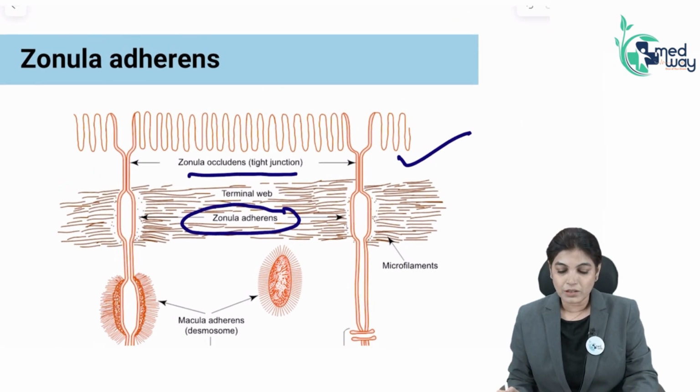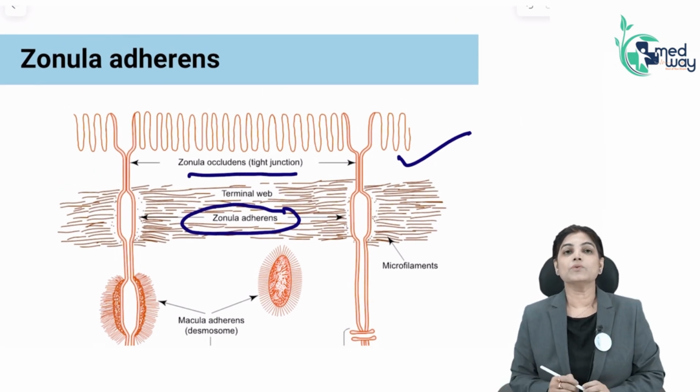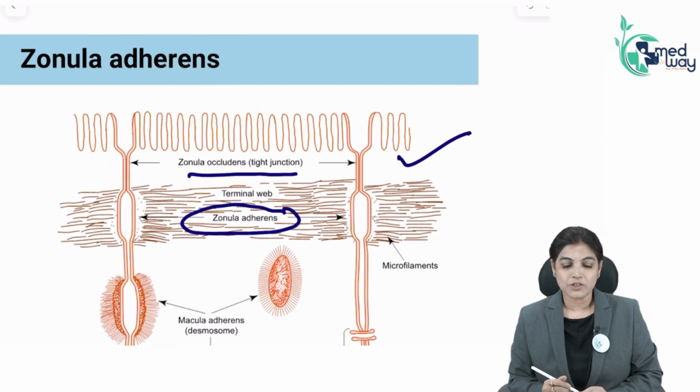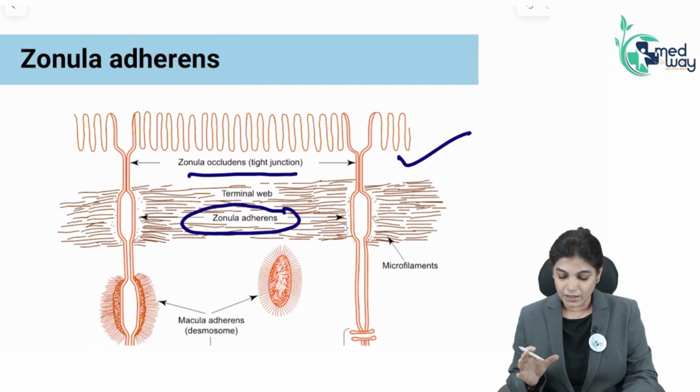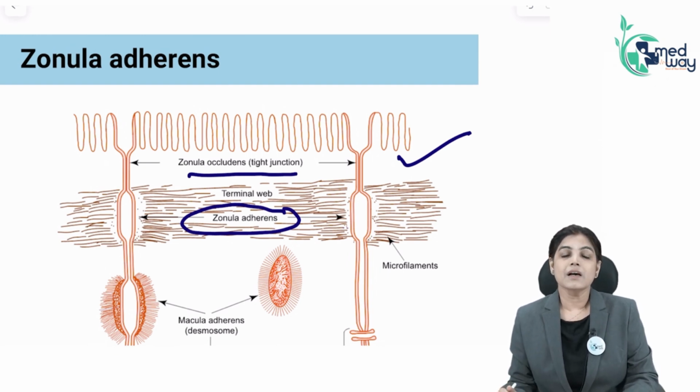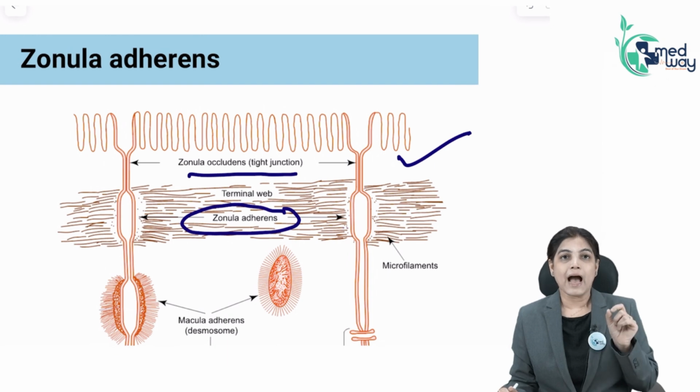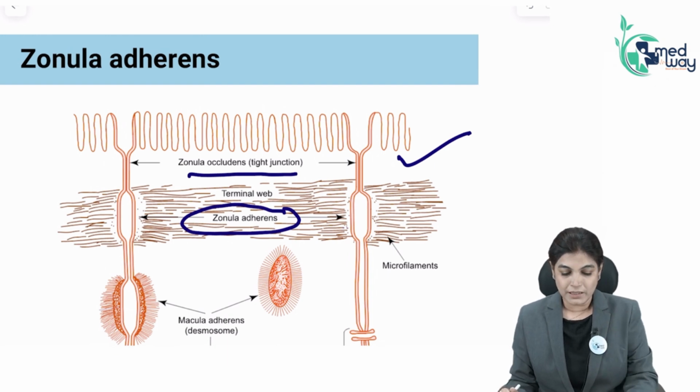Zonula adherens is located below the tight junction, or Zonula occludens.